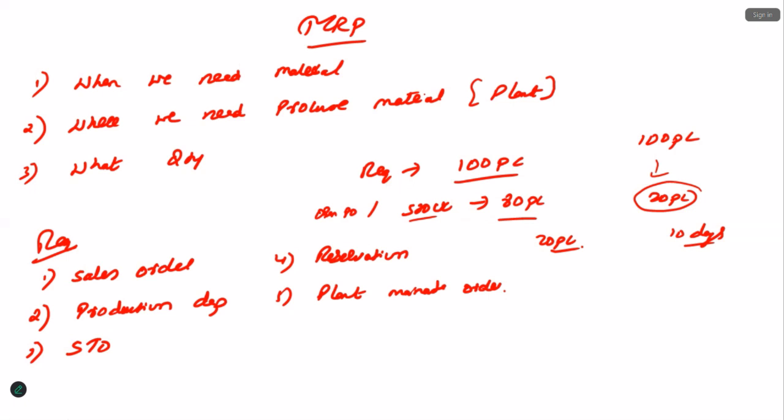Venkatesh, who will do that MRP run? Is it the system? Do we set it up in the system, or will it be done automatically? Yeah, it can be done manually, and it can also be done automatically. If you want to run it manually, you can enter the transaction and run it. It will check everything and give you the proposals. You can also automate it by using a batch job.